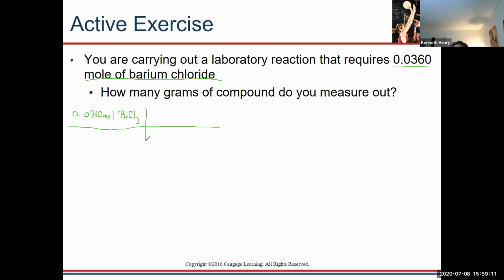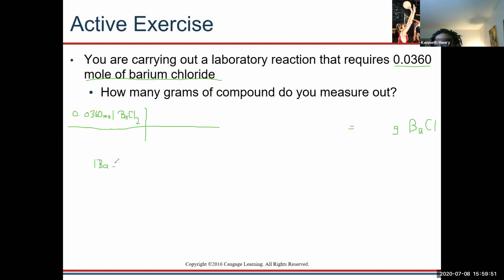Okay, so what am I going to do with this? This looks beautiful, but I'm supposed to get grams. Since we want grams, we're going to have to get the atomic mass. So how do I calculate the atomic mass? Barium is going to be 137.33 grams per 1 barium.